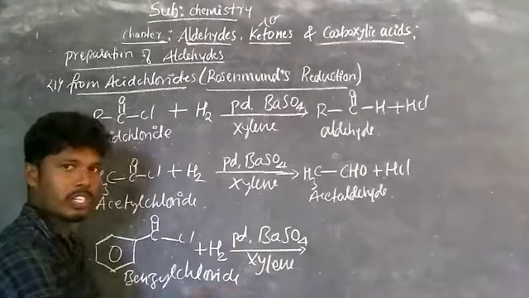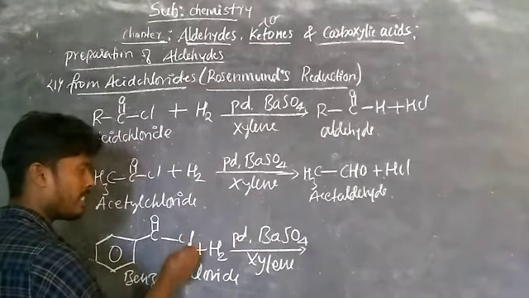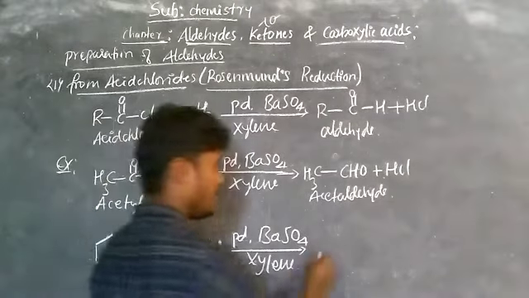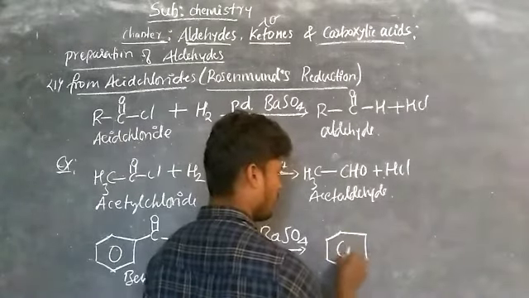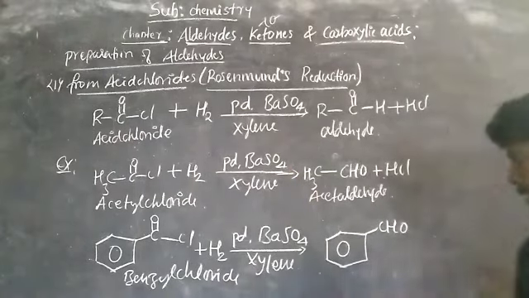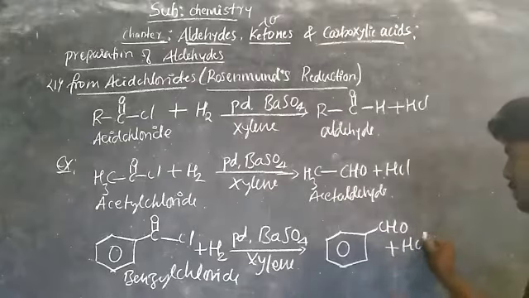Remember, this is the reaction condition. So what you get: Cl and H become HCl, and in place of Cl, hydrogen is substituted, giving C bond CHO directly, plus HCl. What is its name? Benzaldehyde.